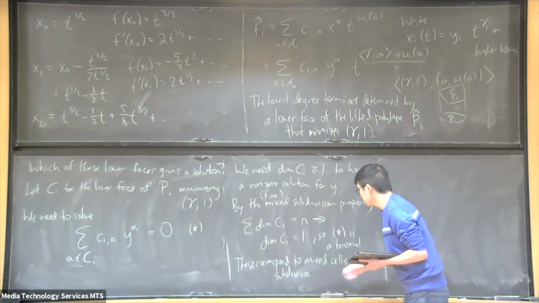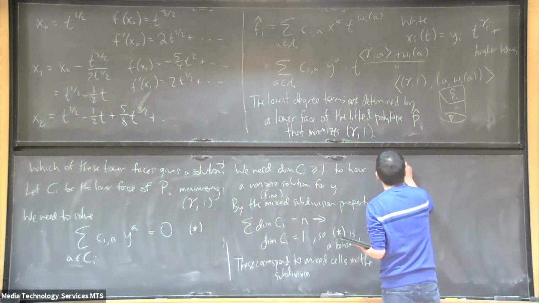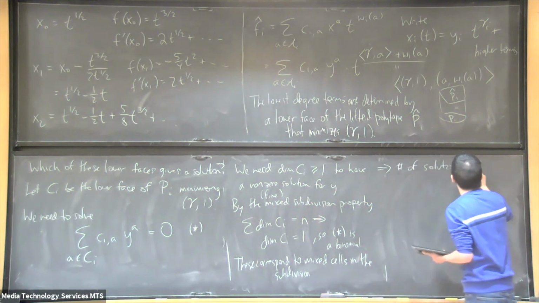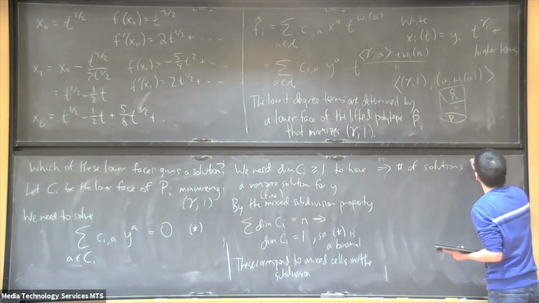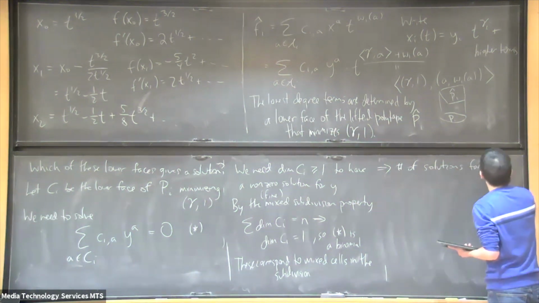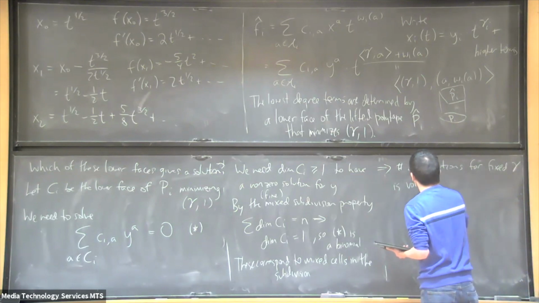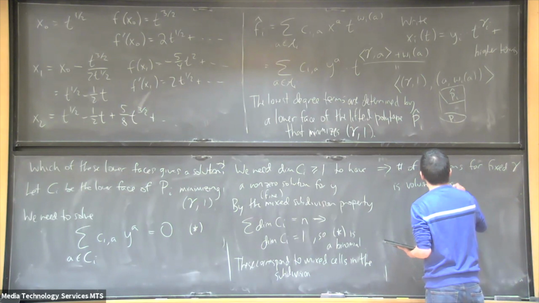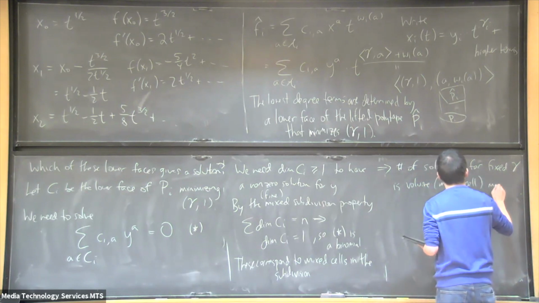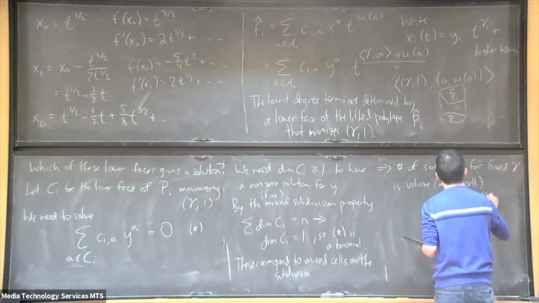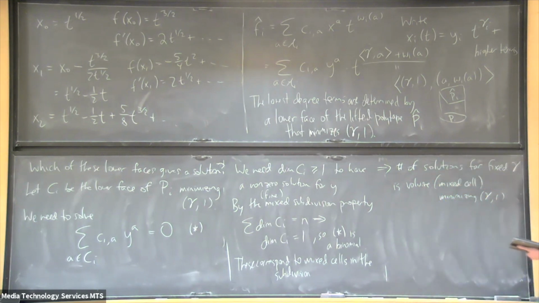This implies that the number of solutions for fixed gamma is just the volume of the corresponding mixed cell that minimizes gamma, assuming that the face that minimizes gamma is in fact a mixed cell.